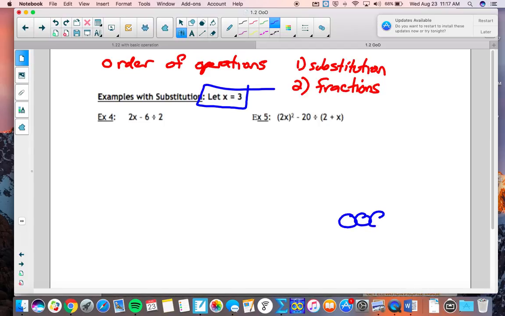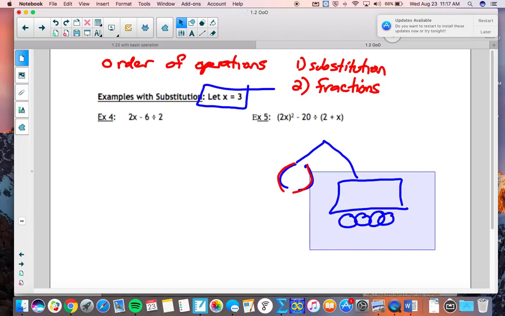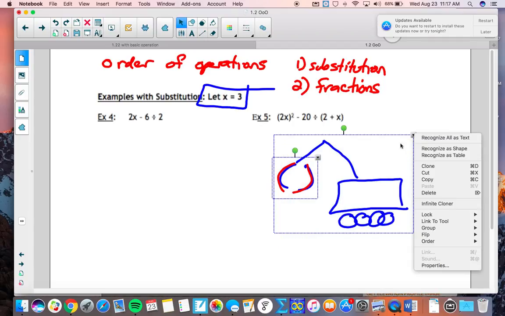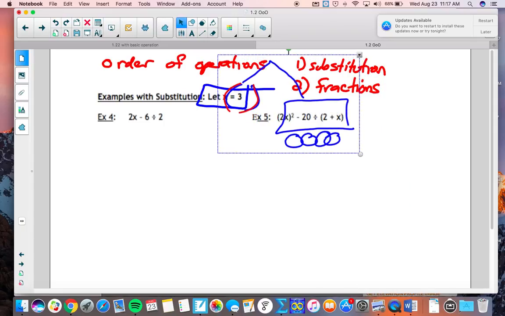Now when you do that, if you ever go to the junkyard, I don't know if you hang out there ever, but when they pick up cars, they use a crane to pick them up. We're going to use this crane to plug in that 3. And when we do that, the crane arms, or hands, I don't know, whatever body part of the crane that is, grabs and scoops up the 3.